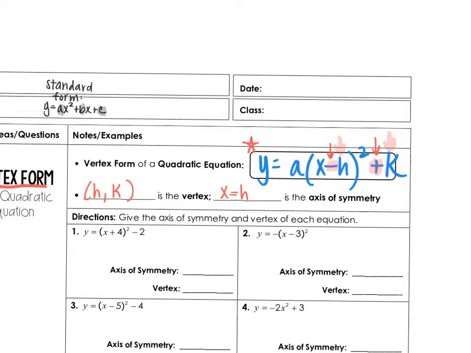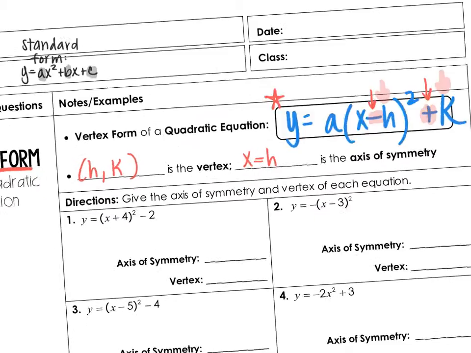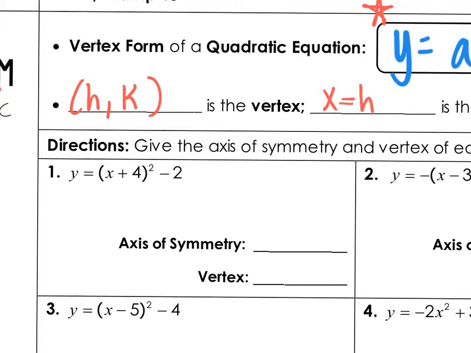So taking a look at number 1, y is equal to x plus 4 squared minus 2, so the a is 1. All right, h is negative 4 and k is negative 2. So just remember that standard vertex form is a times x minus h squared plus k.